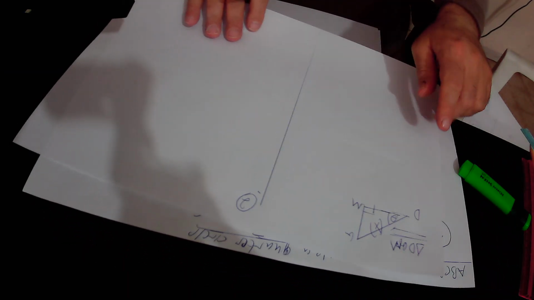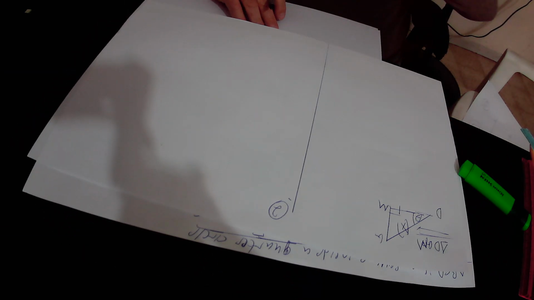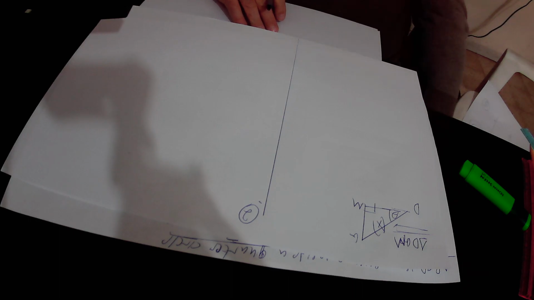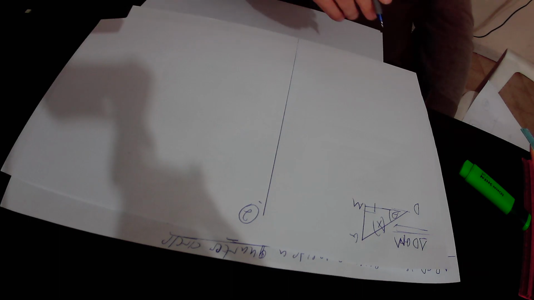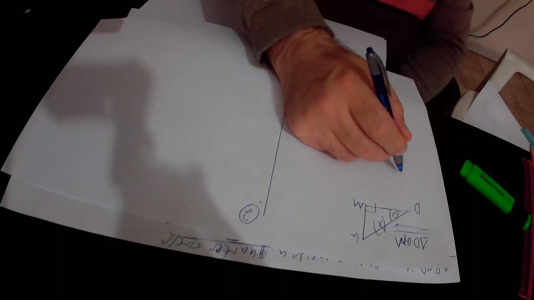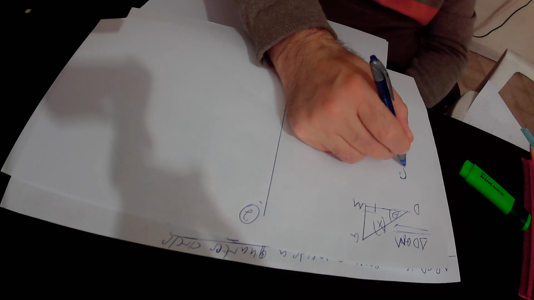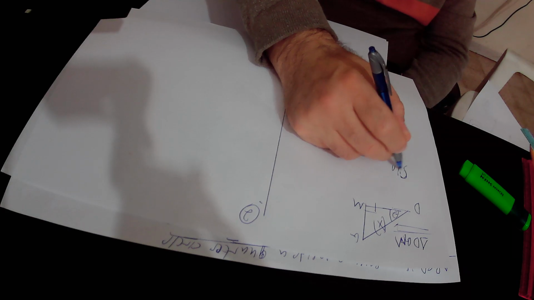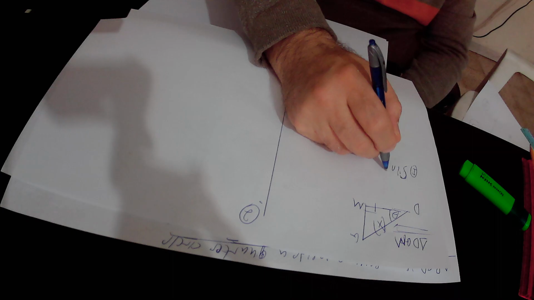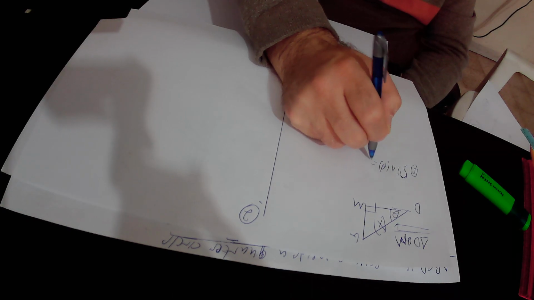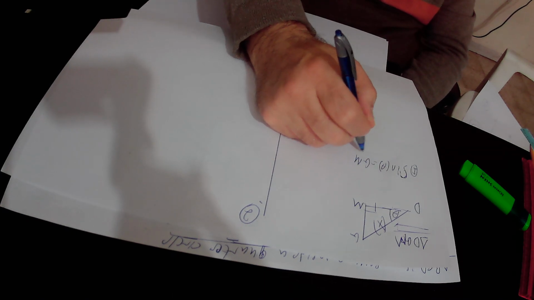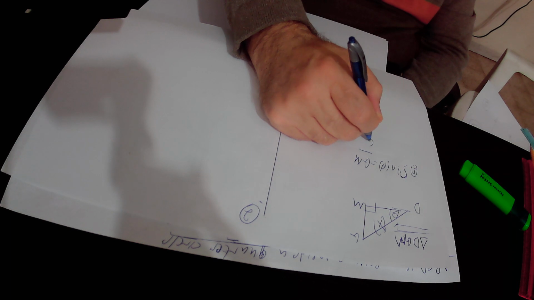This is the right triangle DGM, copied from the original drawing. In this right triangle DGM, it's very easy to see from the drawing that sine theta equals GM over GD.